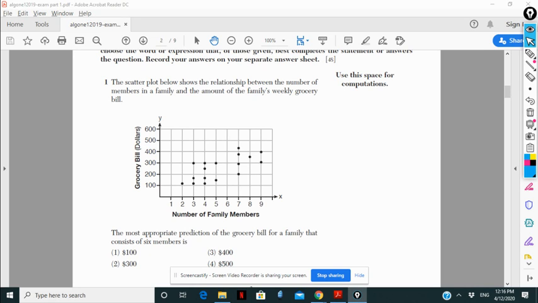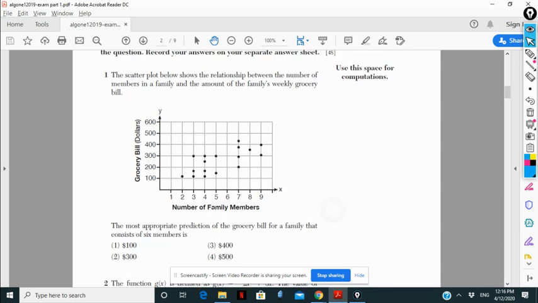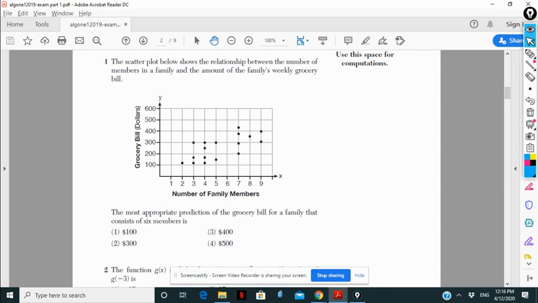The question asks for the most appropriate prediction for the grocery bill for a family that consists of 6 members, and I don't have any other information. So the first thing I have to do is draw the best fit line, and it's going to be approximately, not this one.